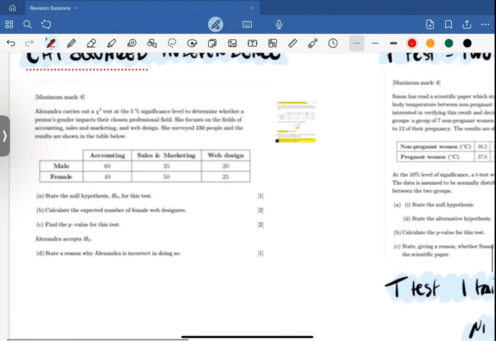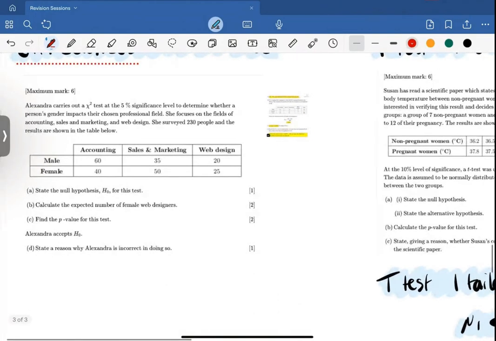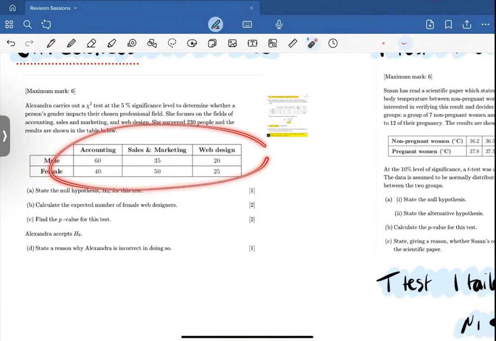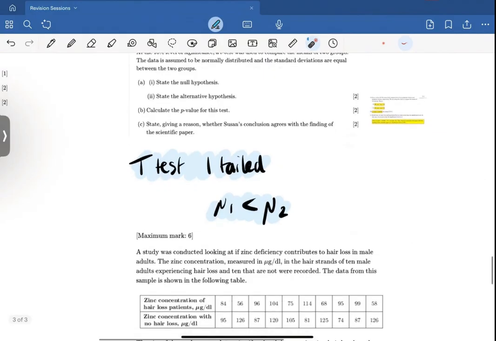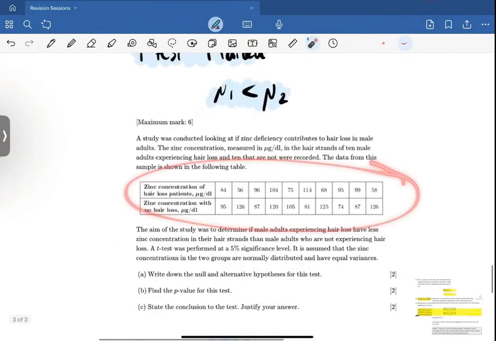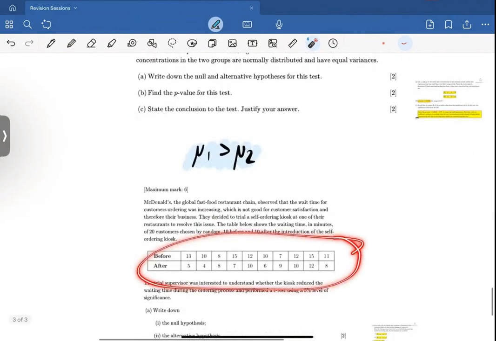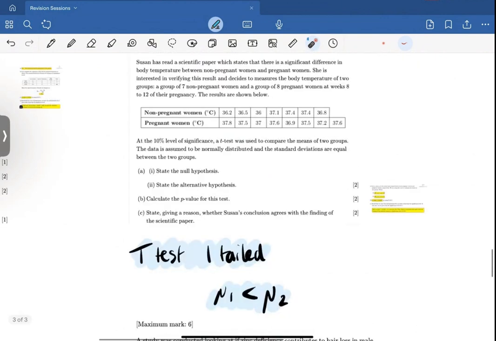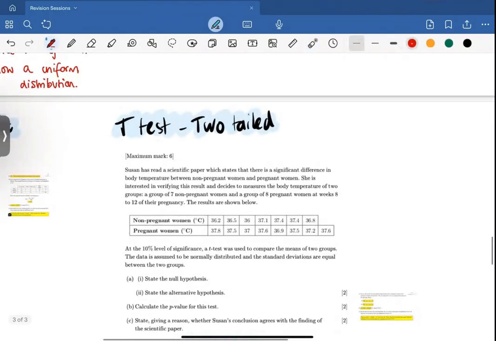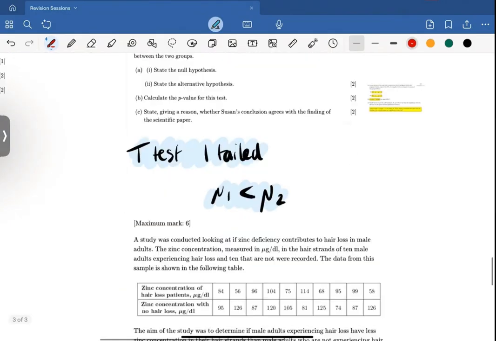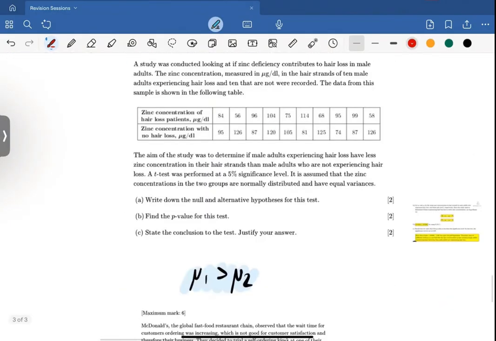So just a quick reminder at the end, chi-squared test for independence will always have a table that looks like this. The t-test usually has 2 rows of data presented like this. They don't have to be the same length. You just need to read the words and decide whether it's a two-tailed test, i.e. that the means are different, or if it's one of those ones where it's one-tailed and you think one of the groups is bigger than the other.